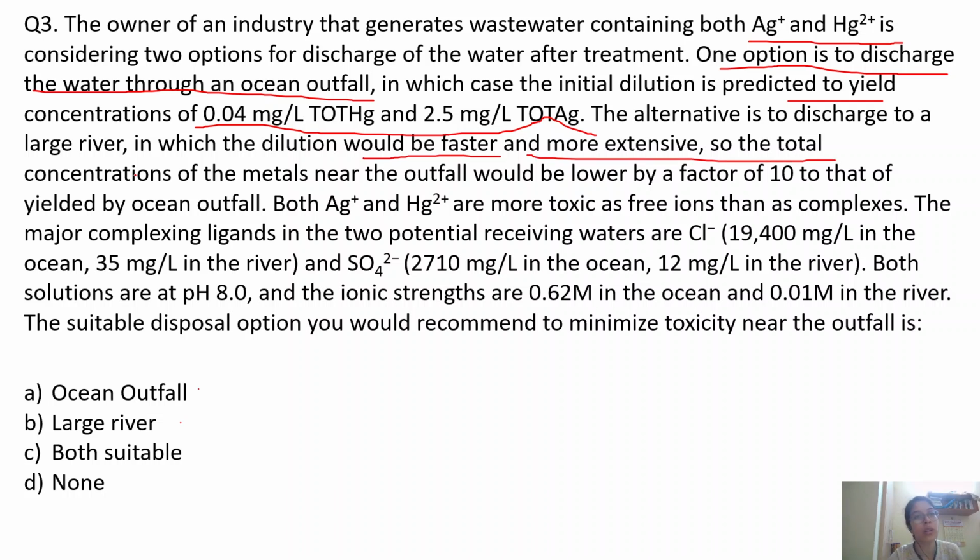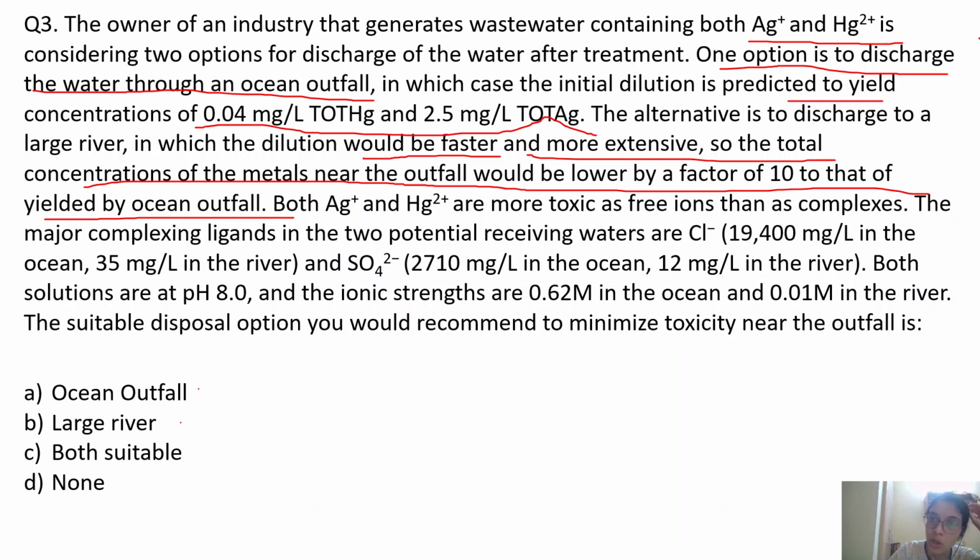So the total concentration of the metal near the outfall would be lower by a factor of 10 than that yielded by the ocean outfall. Okay, you understood? In ocean, it's 0.04 milligram per liter and 2.5 milligram per liter, but in river, it will be lower by the factor of 10. It means 0.004 milligram per liter or 0.25 milligram per liter.